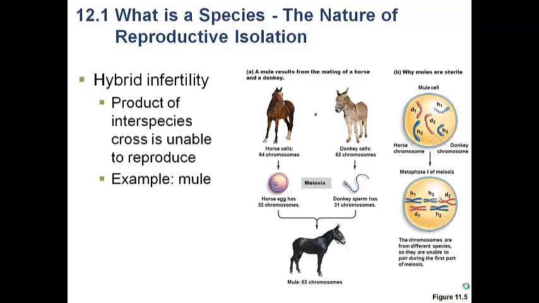And this prevents the mule from producing eggs or sperm that are actually viable. So interestingly, in this case, we have an example of two different species that produce a hybrid that is very viable. It does live, but it's not able to produce offspring. It is sterile.